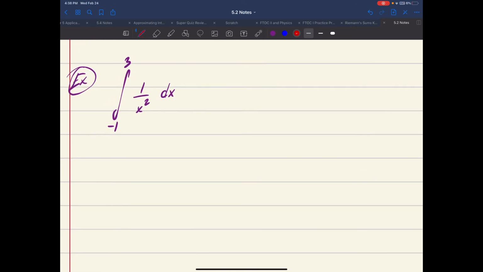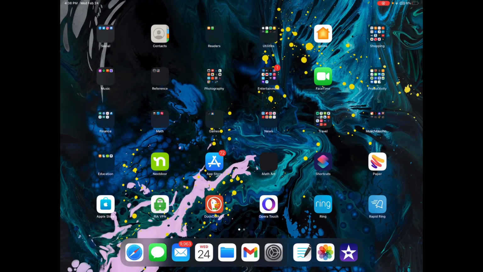Okay, so let's look at this one. 1 over x squared, evaluated from -1 to 3. You can't always just jump into evaluating because the function does have to be continuous on the interval. So let's look at 1 over x squared on a graph.